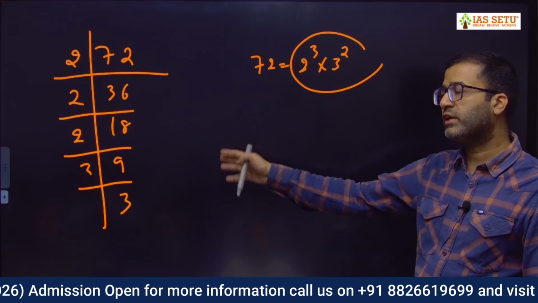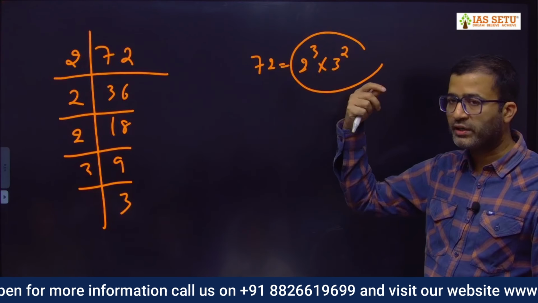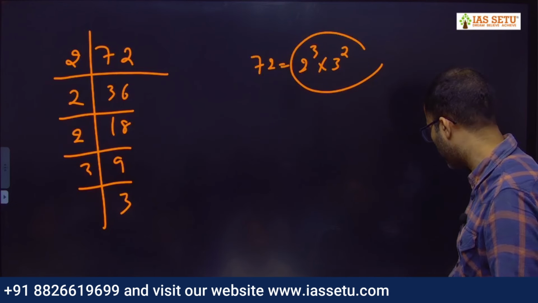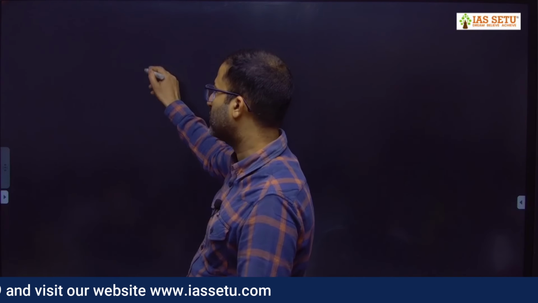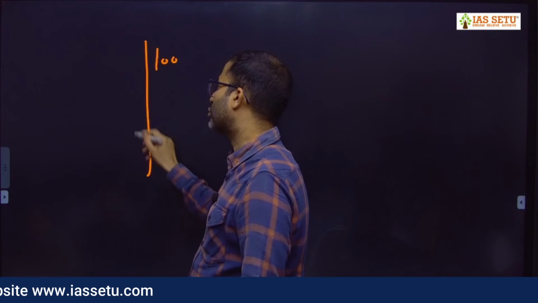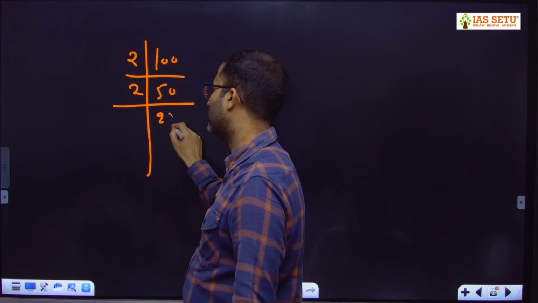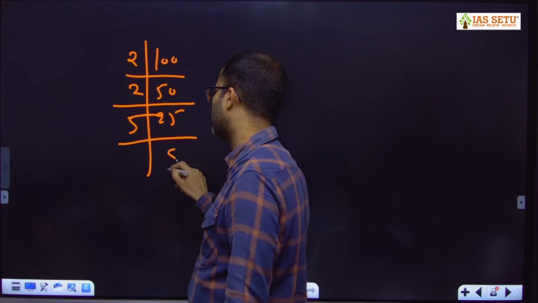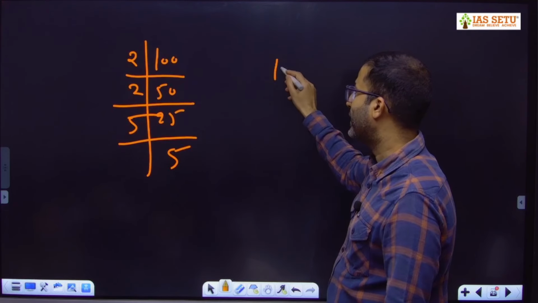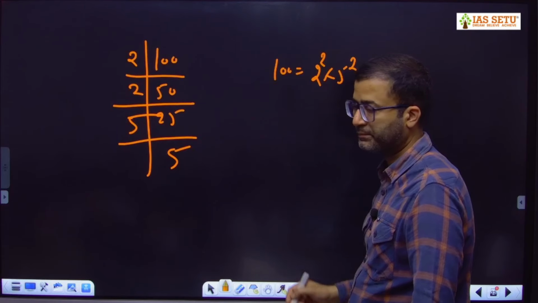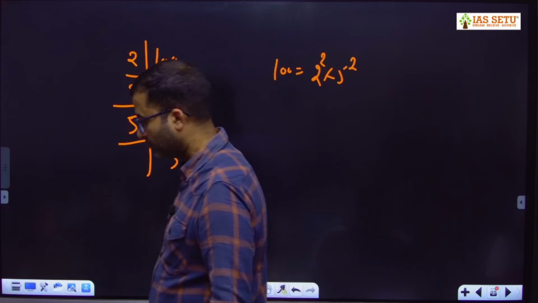So to convert a number in prime form, if you can do it directly, wonderful. Otherwise you can use the school method, like 100. Try. 100 को कैसे convert करेंगे prime form में? You take 2 common 50, 2 common 25, 5 common 5. So 100 here is 2 square into 5 square.